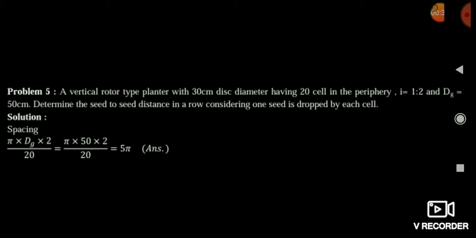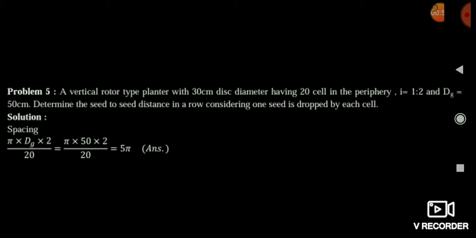30 centimeter disc diameter is given and 20 cells are present in the periphery, with transmission ratio I equal to 1:2, and DG, the diameter of ground wheel, is 50 centimeter. It is asking about the seed to seed distance in row.